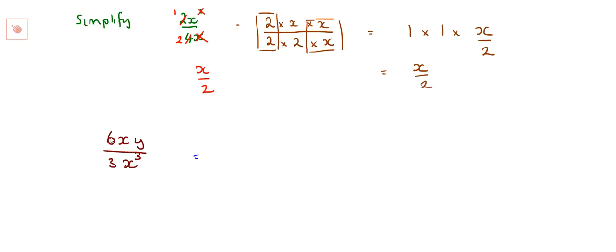I'm noticing the 6 and the 3, so I'm going to do 6 is 2 times 3, and then it's times x times y, and then underneath is the 3 times x times x times x. This is the second example, B, in the same yellow box, at the bottom of page 340.